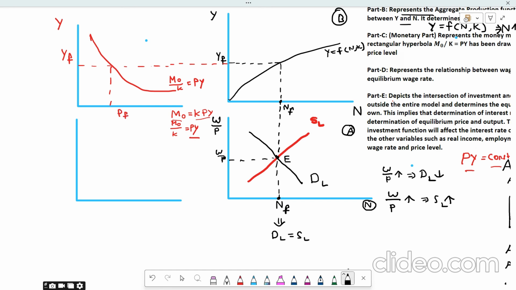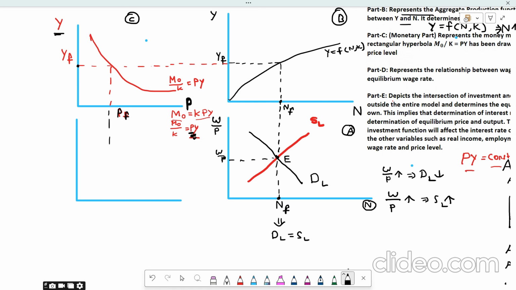Because M0 by K is constant, PY is on the y axis and P is on the x axis. So from part B we have the full employment level, and from the x axis we get the price at full employment level.